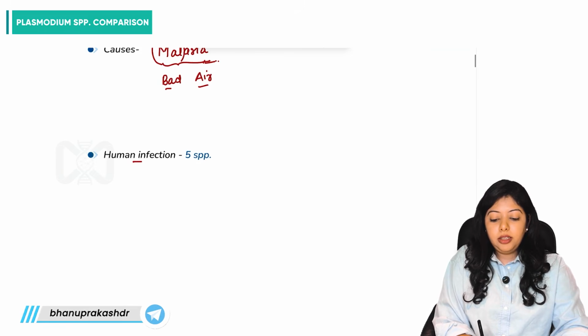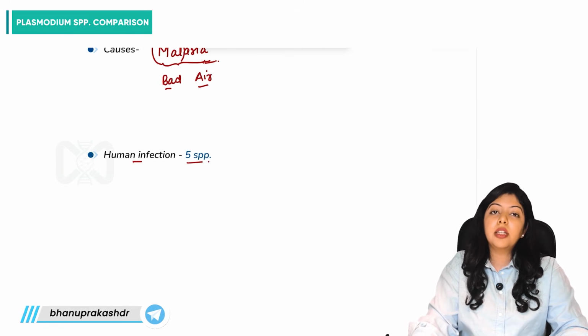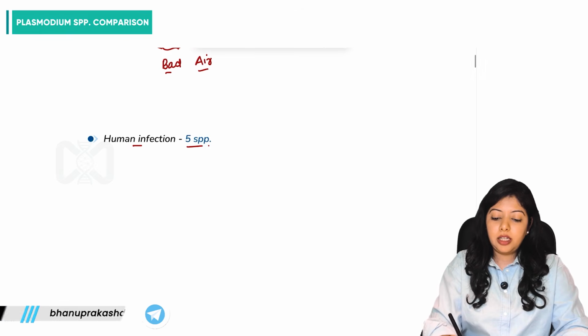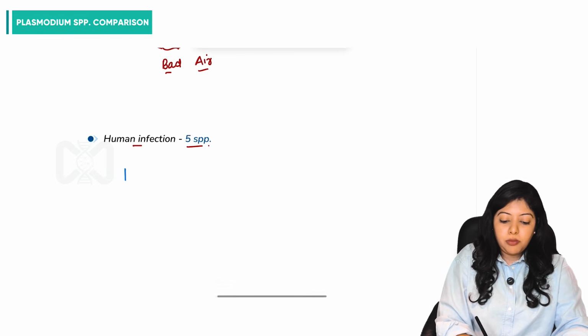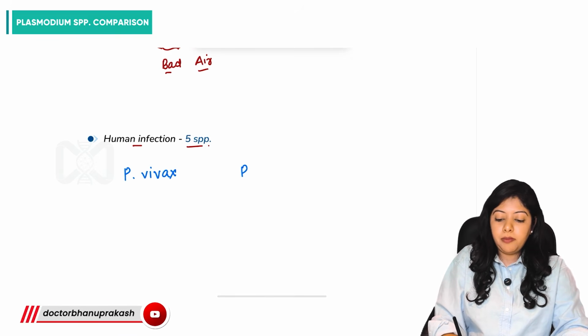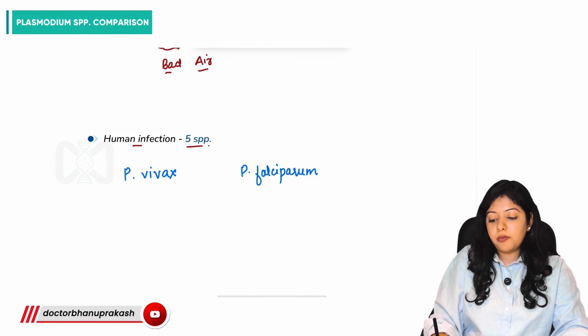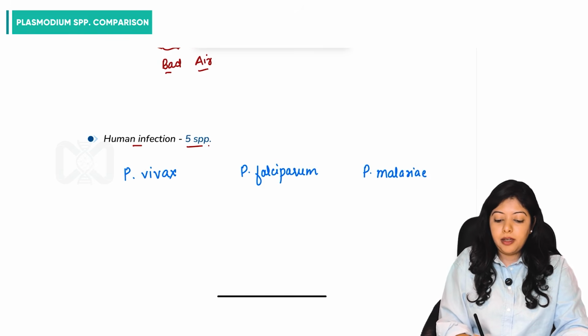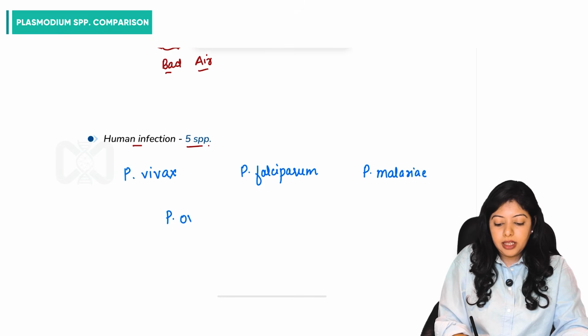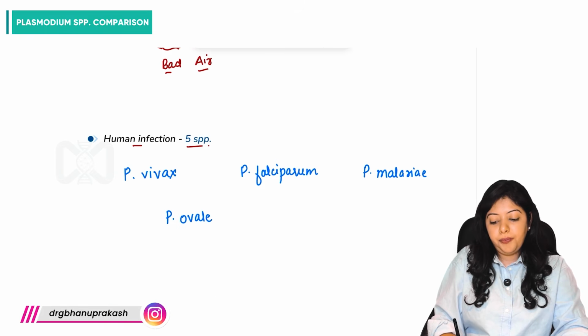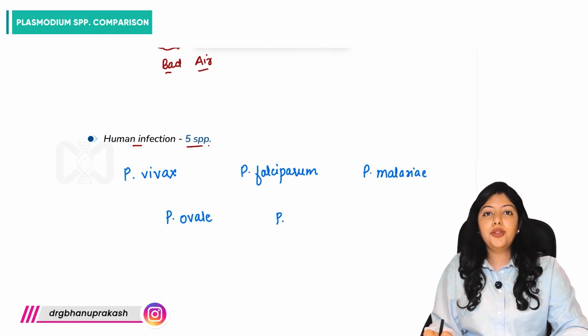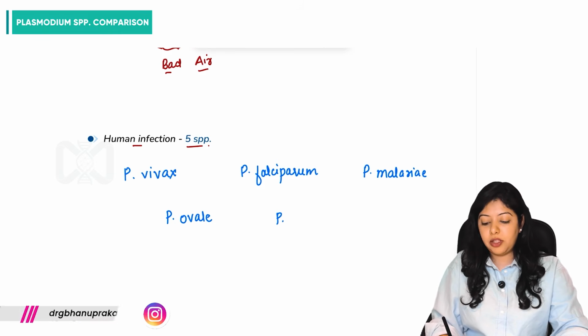And what are the 5 species which are associated with human infections? These are Plasmodium vivax, Plasmodium falciparum, Plasmodium malariae, Plasmodium ovale, and a species which majorly affects monkeys, but has been rarely associated with human beings as well.